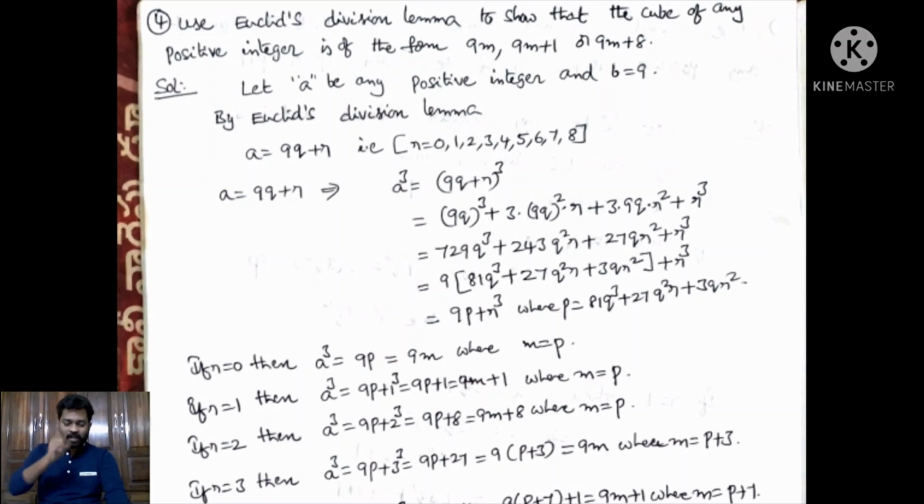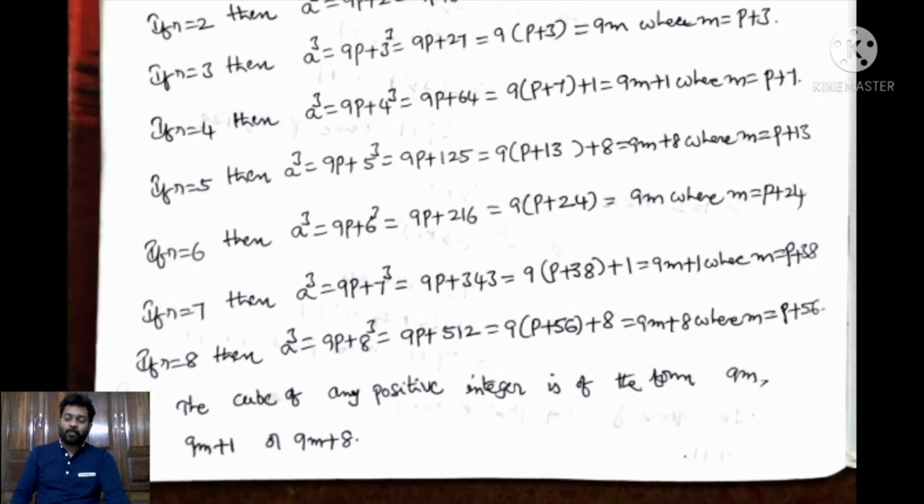By Euclid's division lemma, a is equal to 9q plus r. Cubing on both sides, a cube is equal to (9q plus r) whole cube. This is in the form of (a plus b) whole cube.